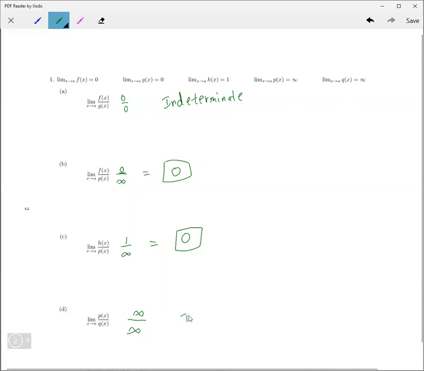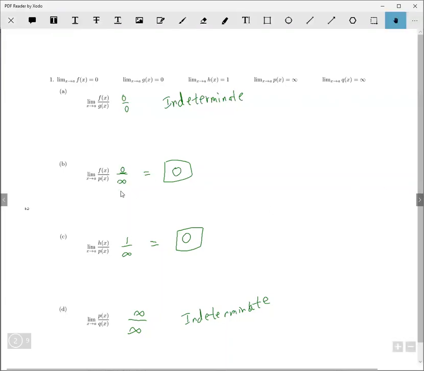Okay, that's indeterminate, and we might be able to find it using L'Hopital's rule. So sometimes, even though you have infinities and ones in the expression, when you plug it in, you can just determine what it is. And sometimes you can't, because they kind of work against each other.